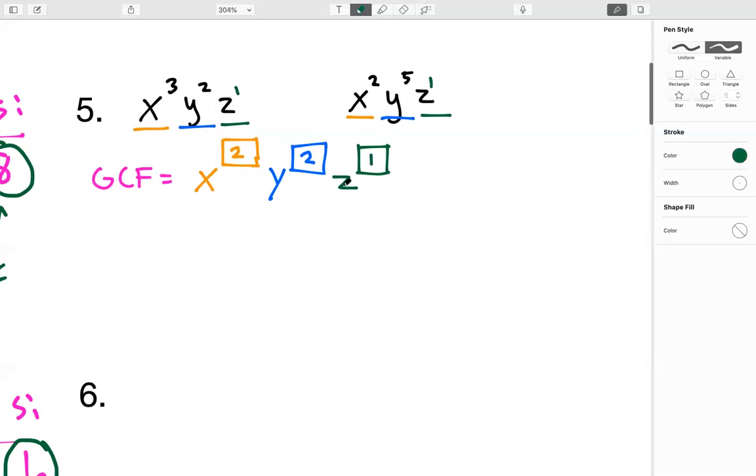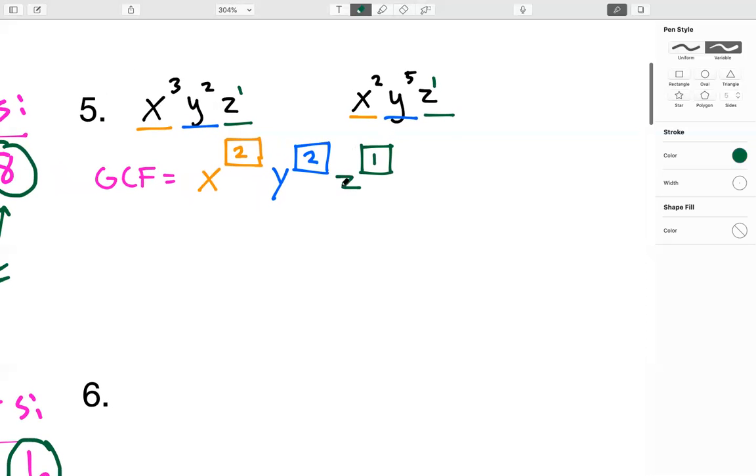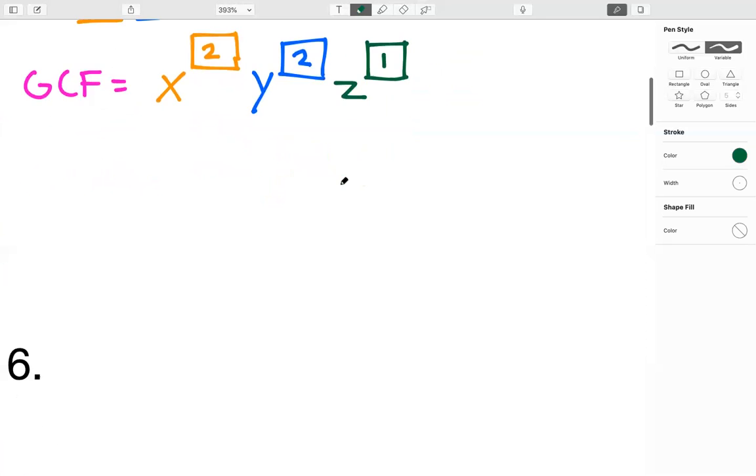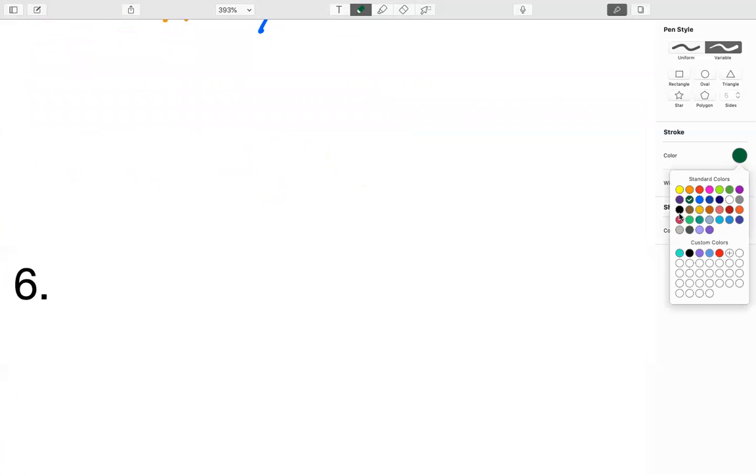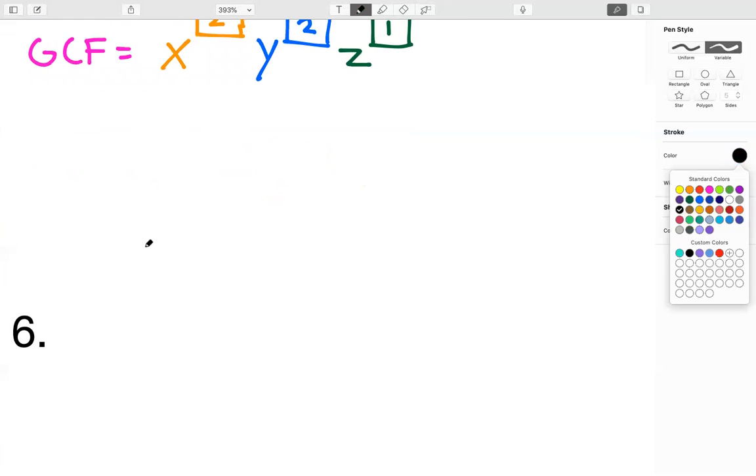Moving on to number 6. Okay, our example is going to be, I kind of want to keep that last one in view a little bit.